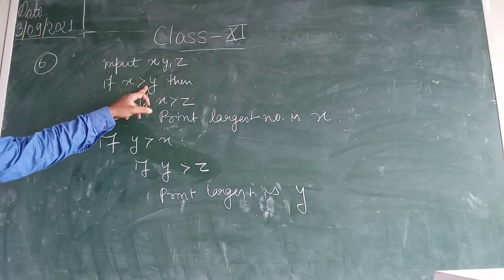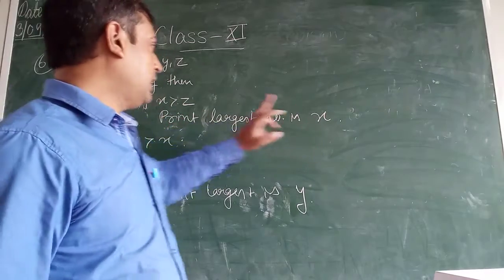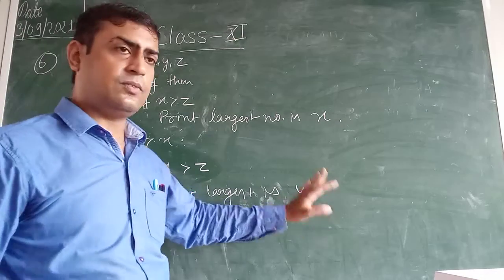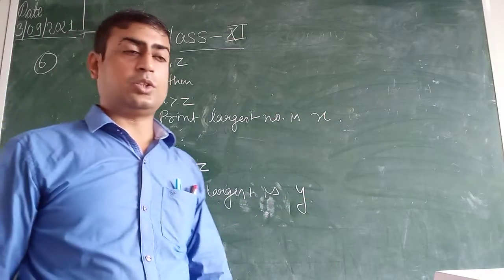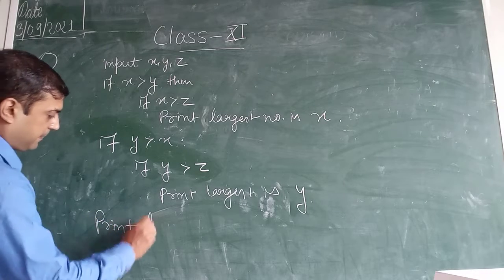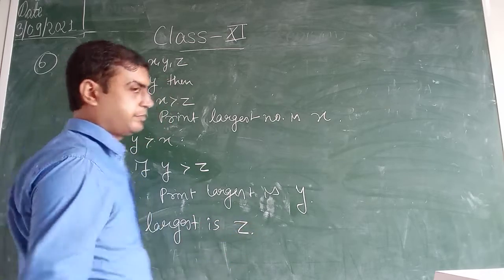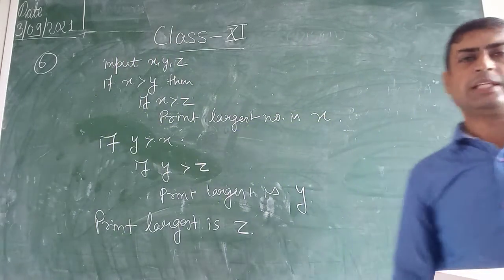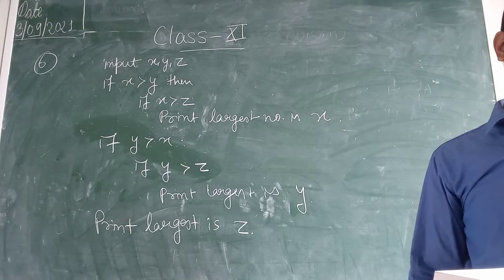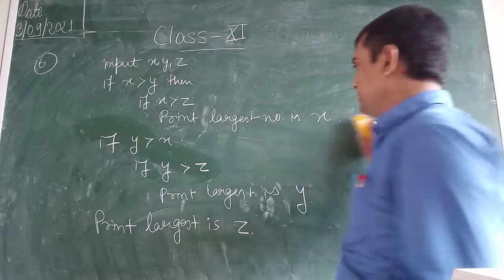Means if x is greater than y, x is greater than z, then largest is x. If y is greater than x, y is greater than z, then largest is y. If both the conditions are not true, then print largest is z. So like this we have to write the pseudocodes for the program. Now let's see an example, the next one, 6b.